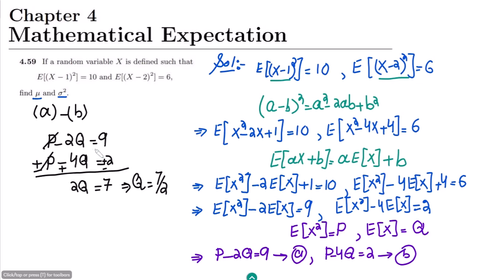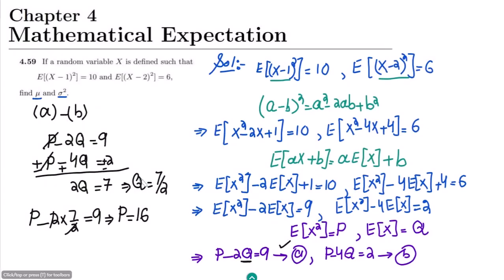Now in order to find the value of the other unknown variable, which is p, let me put the value of q in A. It would become 2 multiplied by 7 by 2, these two will cancel out, and ultimately the value of p would become 16.